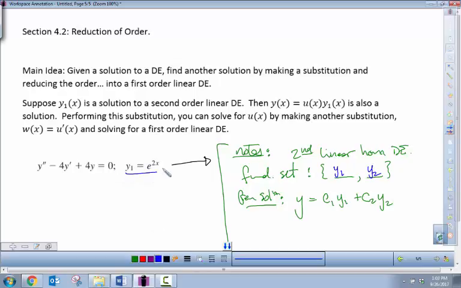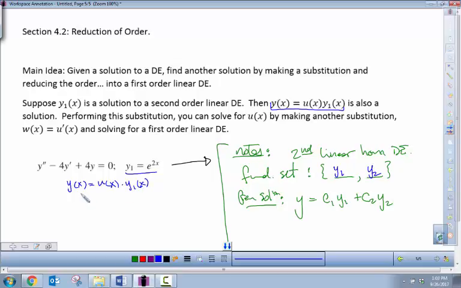We have our y1 is equal to e to the 2x, right? So what we want to do is make a substitution by saying y of x equals u of x times y1 of x.